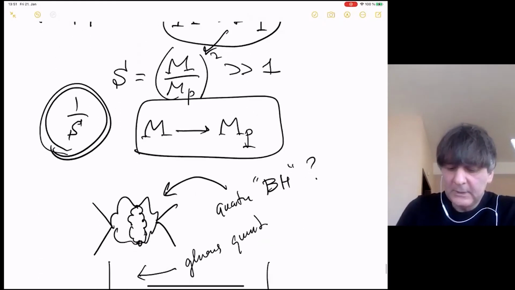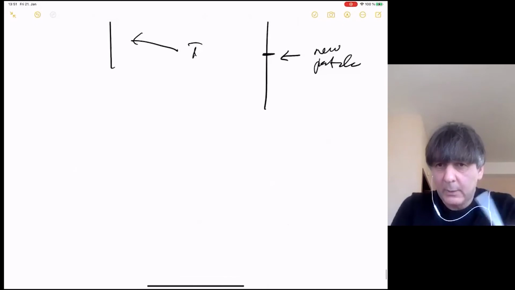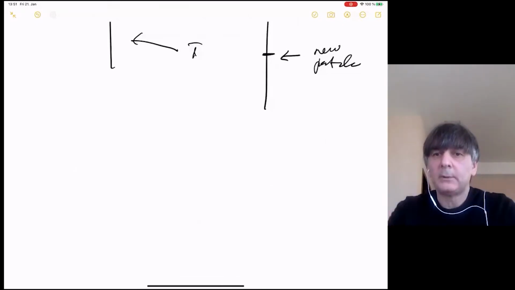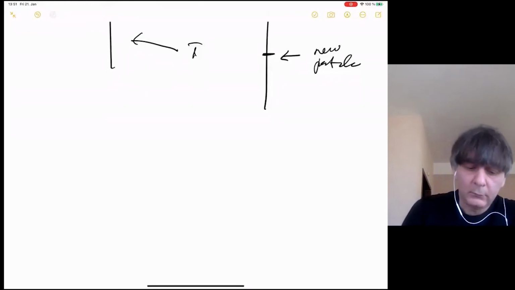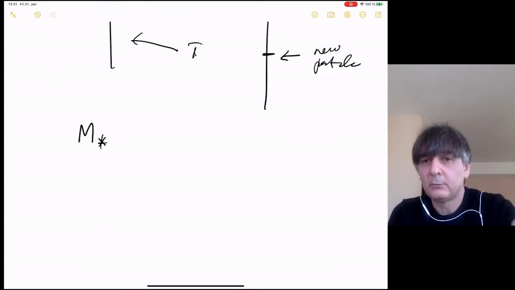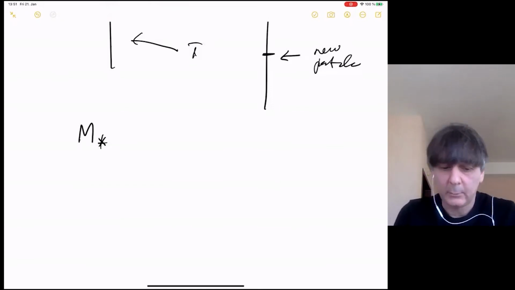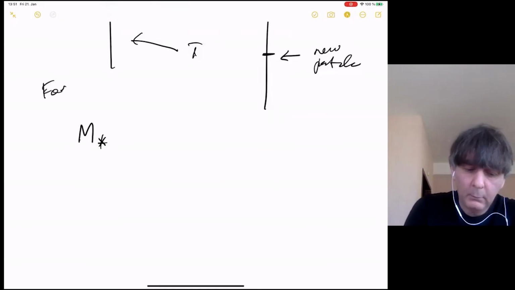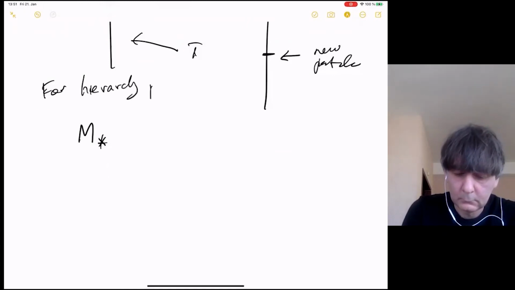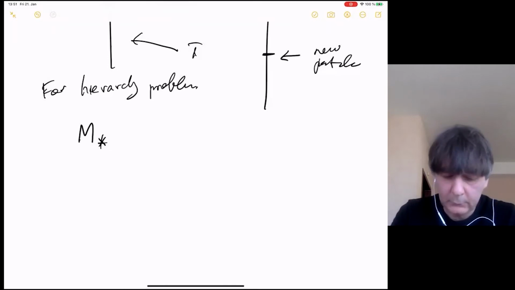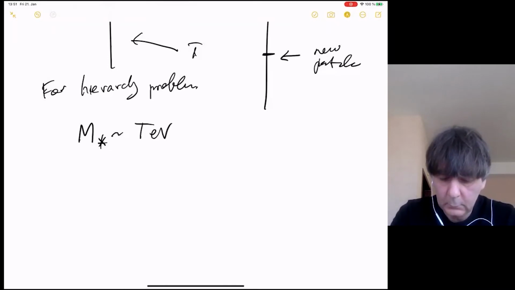Now, regardless of whatever I'm saying here, this applies to an arbitrary number of particle species. But of course, if we want this to be relevant for addressing the hierarchy problem, the cutoff should be around a few TeV.